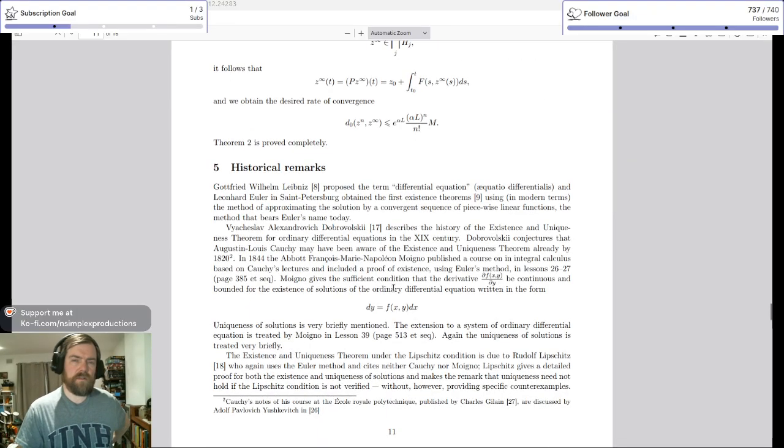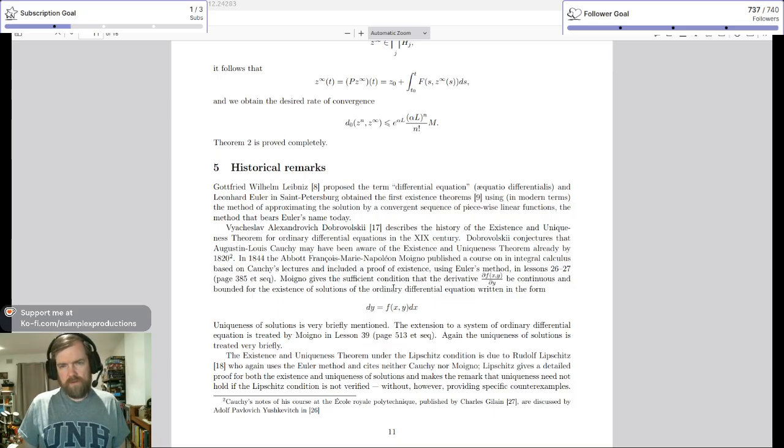it follows that z super infinity of t is equal to p z super infinity of t is equal to z0 plus integral from t0 to t of f of z s z super infinity of s ds, and obtain desired rate.